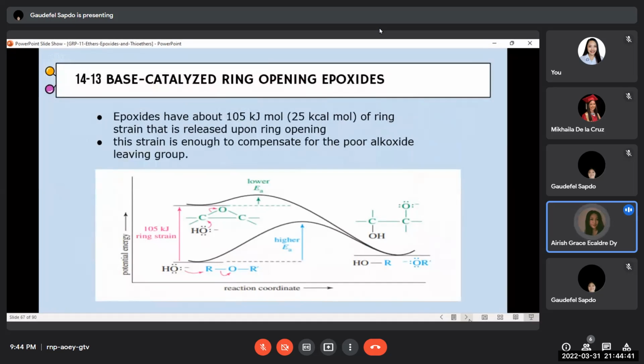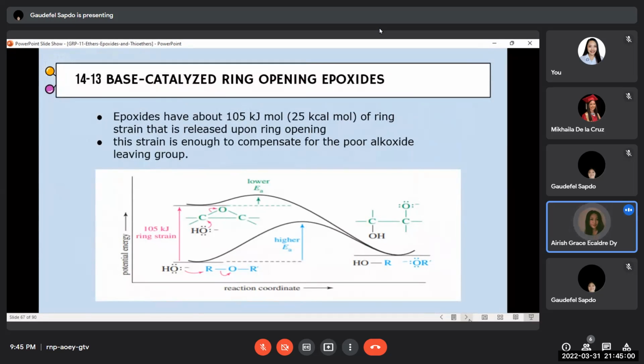Epoxides have about 105 kJ per mole of ring strain that is released upon ring opening. This strain is enough to compensate for the poor alkoxide leaving group.